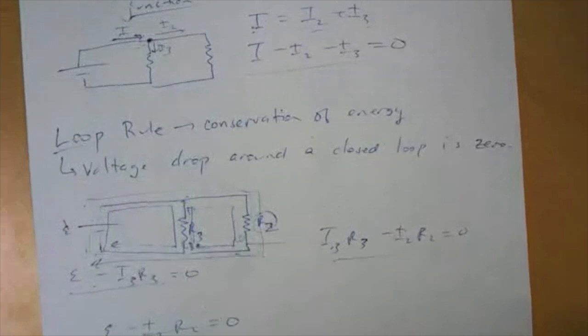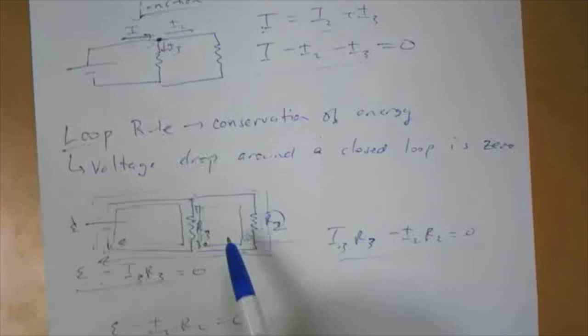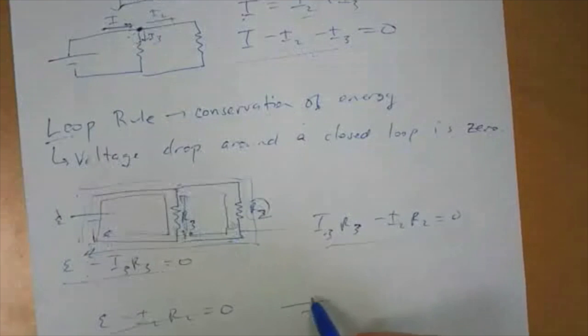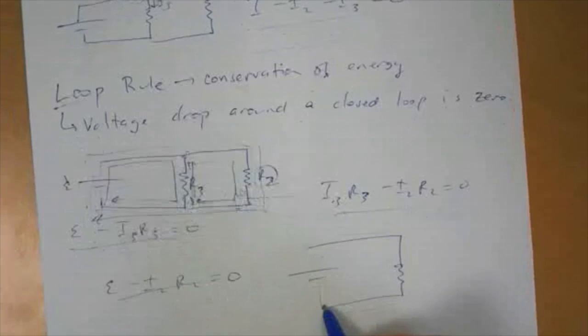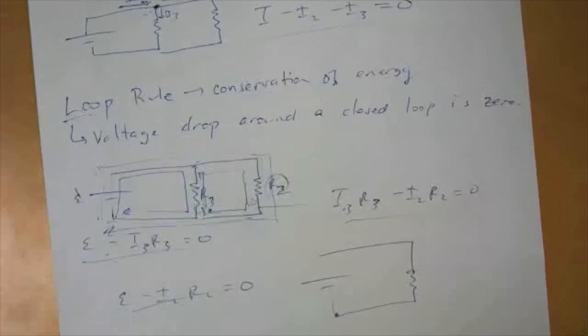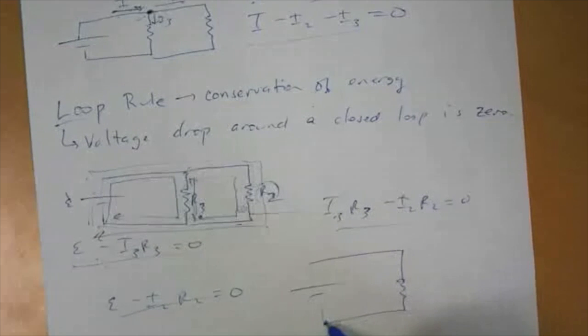I said the loop rule comes from conservation of energy, which it does. For reasons that are probably obvious, the potential difference between this point and itself is 0. The potential at a given point can't be two different values. That doesn't make any sense, because that would mean that going from this point to the same point, you could gain energy somehow.